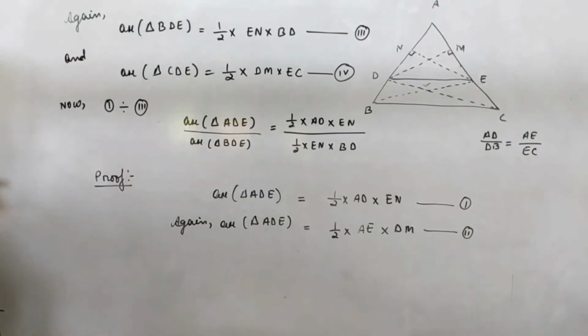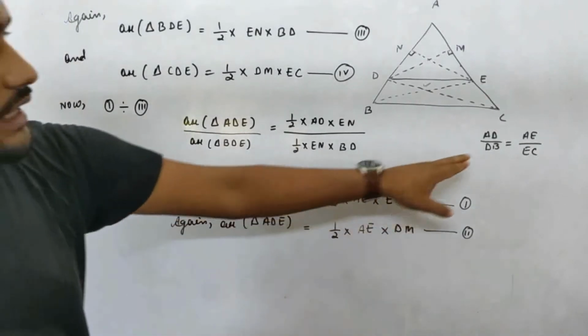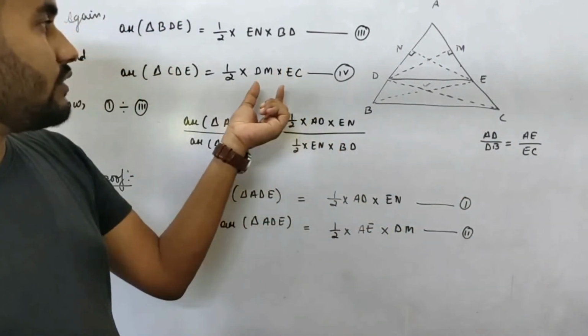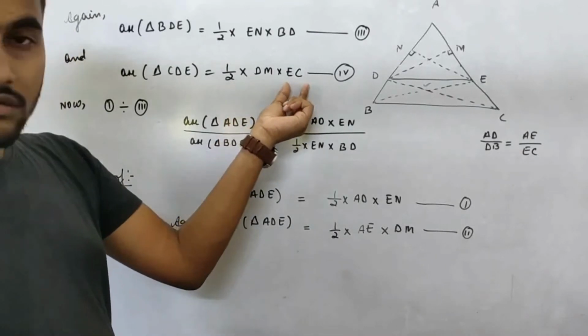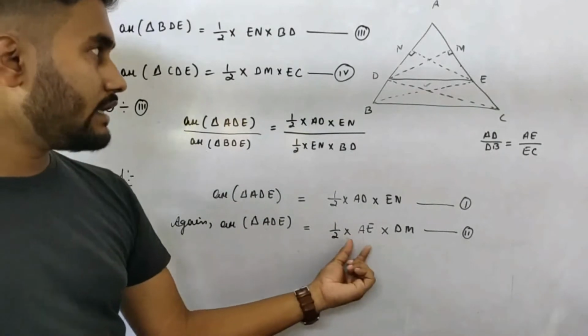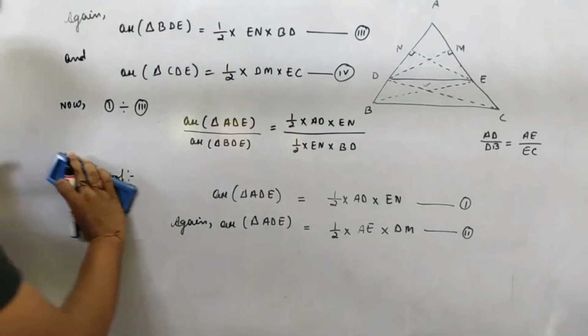So now if you solve this one, you will see. For next, what do I need? AE by EC. Where is AE? In equation 2, and in equation 4 what is there? EC. So if I do 2 divided by 4, I will get AE by EC. Clear? So I am going to solve this one now.